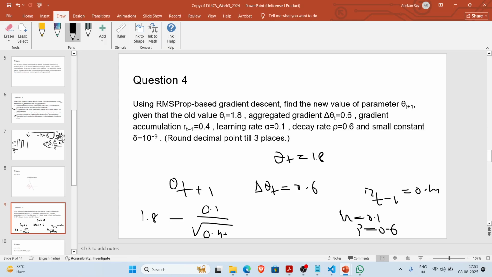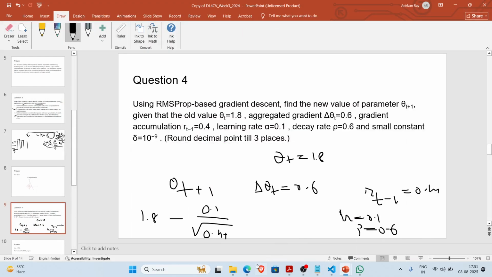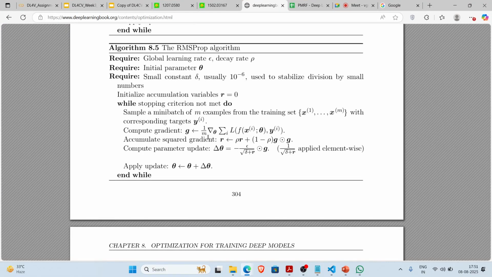The small constant is not required here, because 0.4 can handle it. This is multiplied with g, the accumulated gradient.